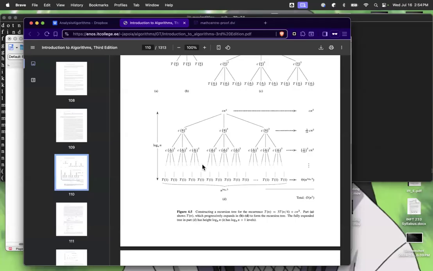We don't know how many levels it is, but as n is larger, we will be branching further down, and ultimately the height of this tree will be log base 4 of n, because you have these additional divisions of 4 on every step.